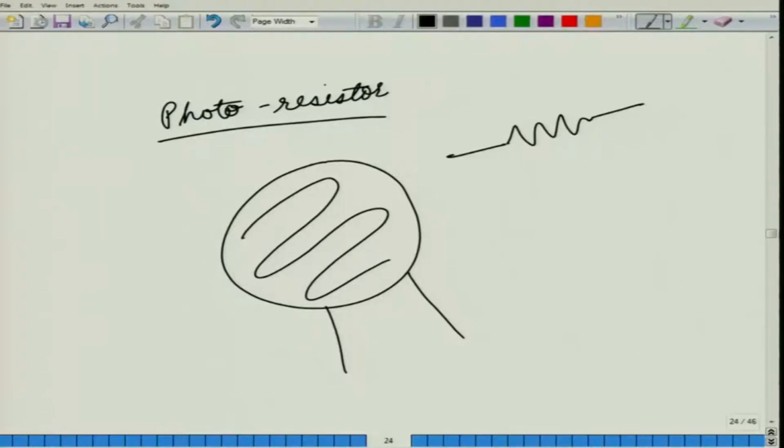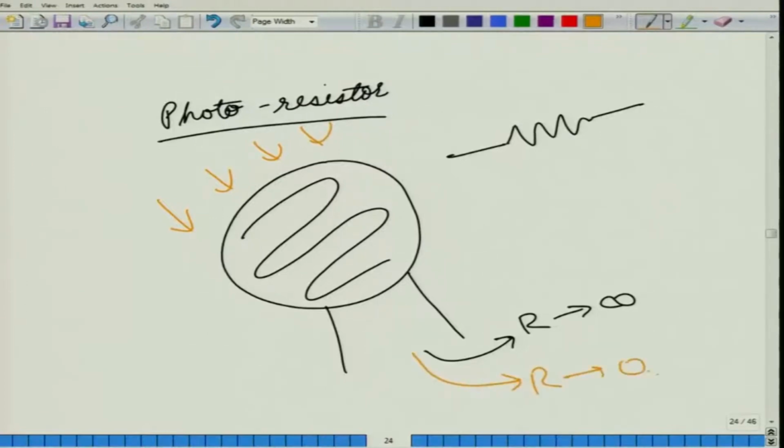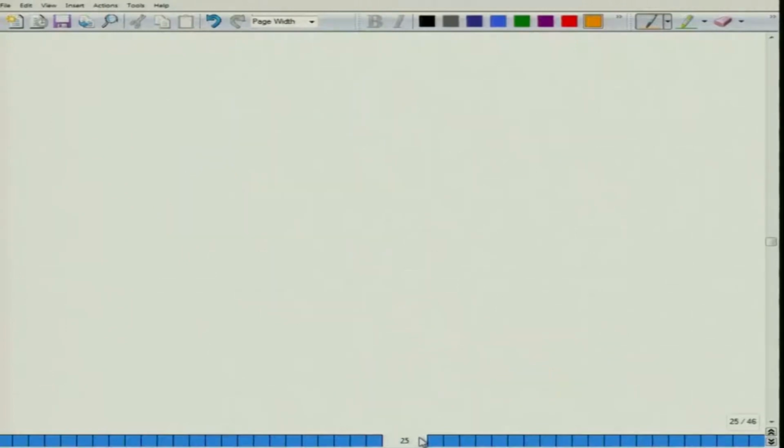So, when it does not get any light, then its resistance goes to infinity, or it has a very large value of resistance. When you shine light on this device, then its resistance will drop and the resistance will go to a very low value. So, now if you wanted to measure its resistance, you could use a circuit like this.